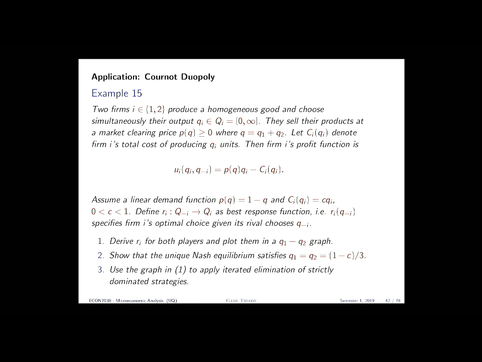So let's go back to the case of simultaneous games and Nash equilibrium and remind ourselves of one of the first Nash equilibria that was studied by economists, well before we knew game theory and well before we knew the concept of mutually best responses. That is called Cournot duopoly.